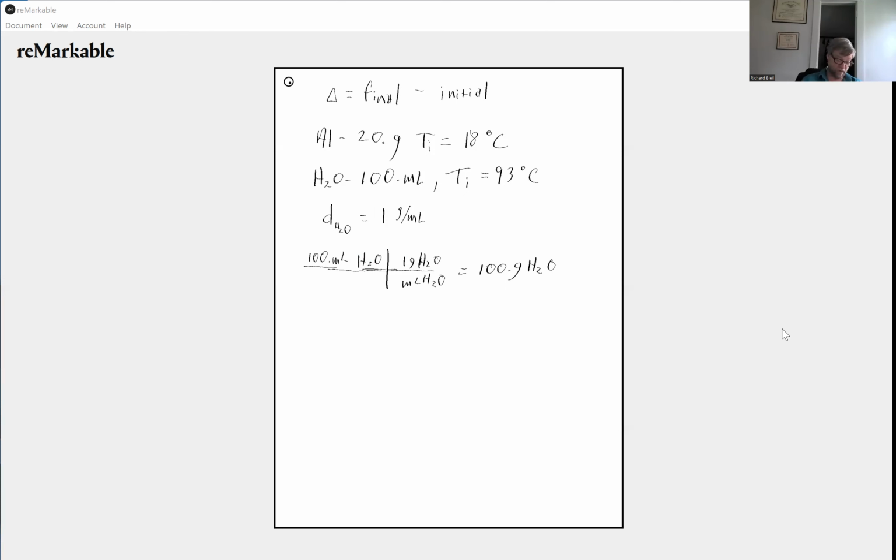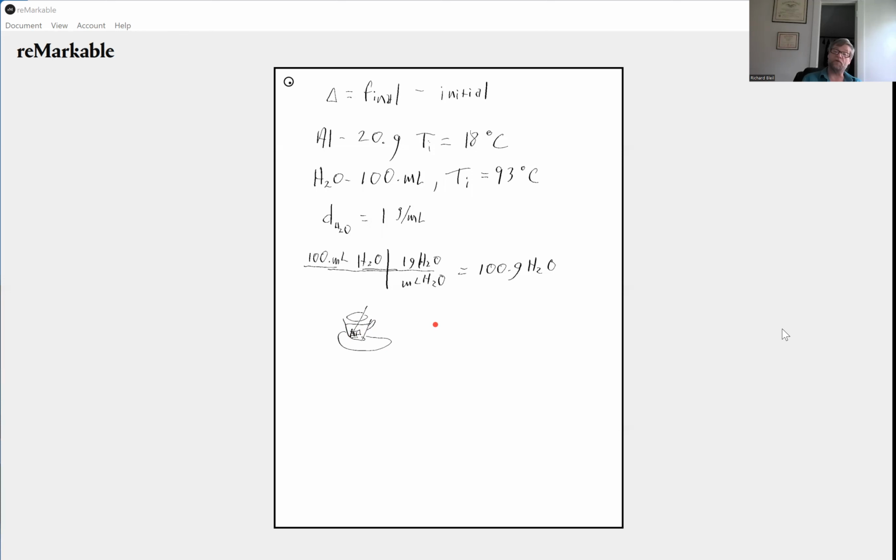Now, if you think about the system here, you have a little teacup here, you have water in here, and you have aluminum. Well, we're going to treat the aluminum as if it's a block. What's going to happen?